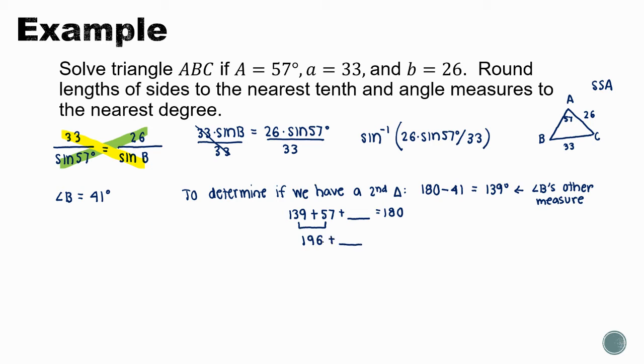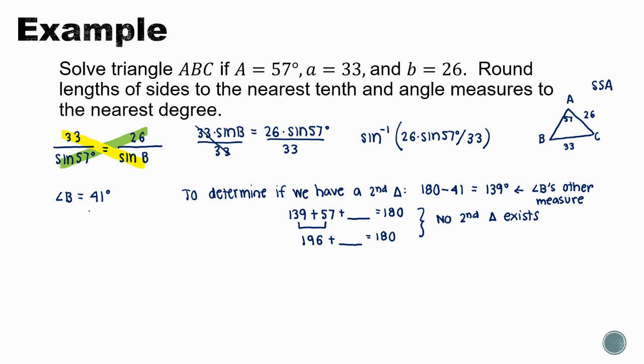So there's no way I can take that angle, add one more angle, which has to be a positive number, and have it equal 180. This situation doesn't exist. And so because I was not able to get that angle to add up with my original angle and be less than 180, we do not have a second triangle. Okay, so no second triangle exists.